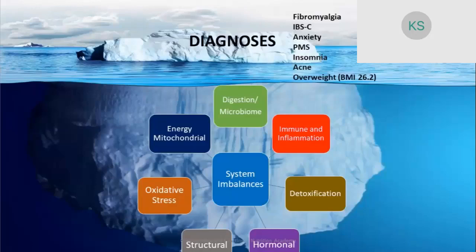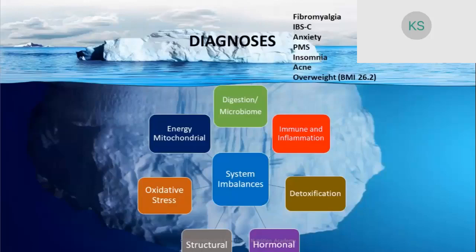Imbalances that should be explored and remediated. Disturbances in a condition like fibromyalgia, disturbances in mitochondrial function, energy metabolism, digestive and microbial imbalances, hormonal dysfunction, oxidative stress, right? And inflammation and immune dysregulation and more.